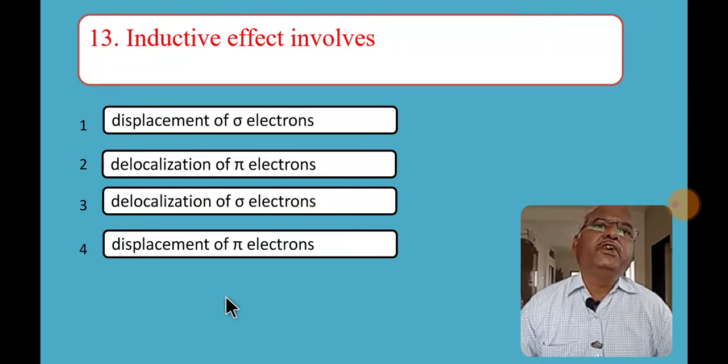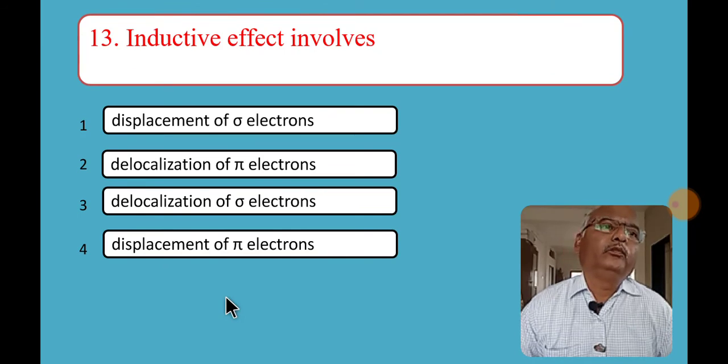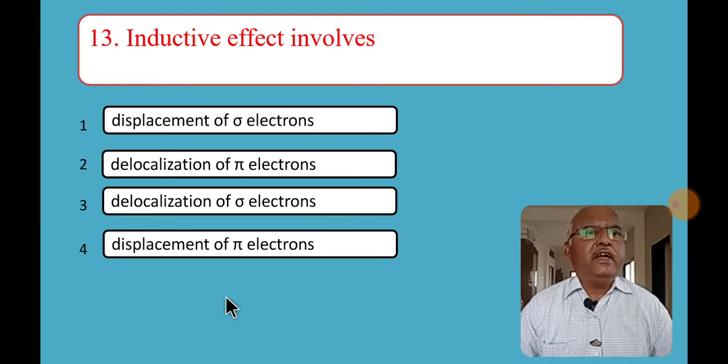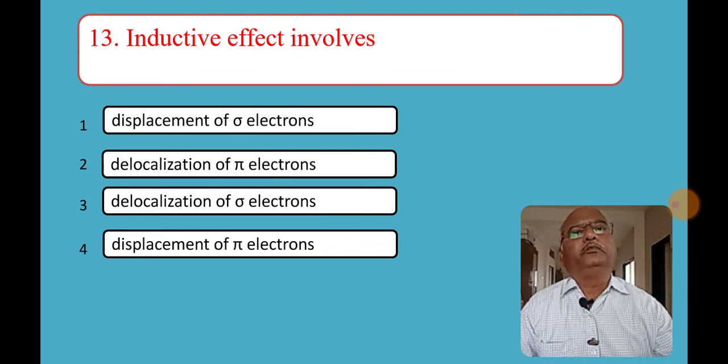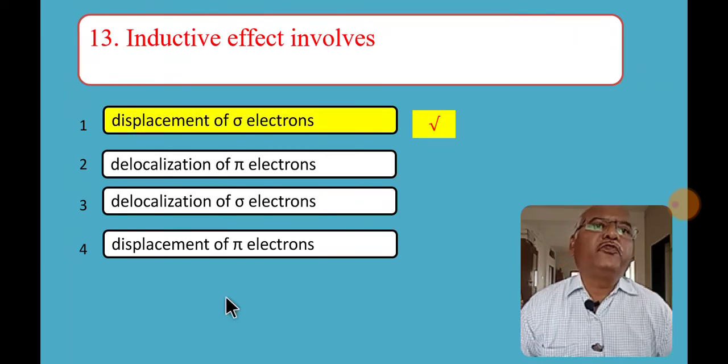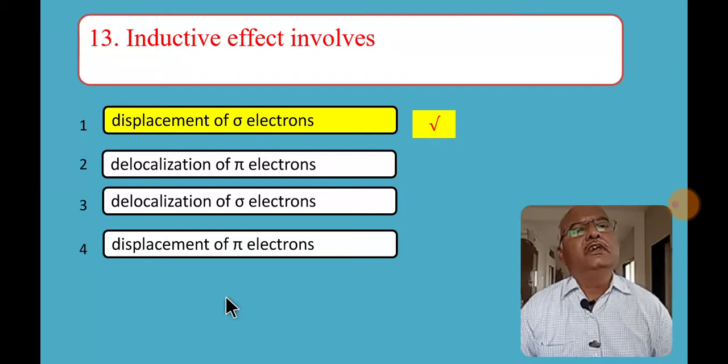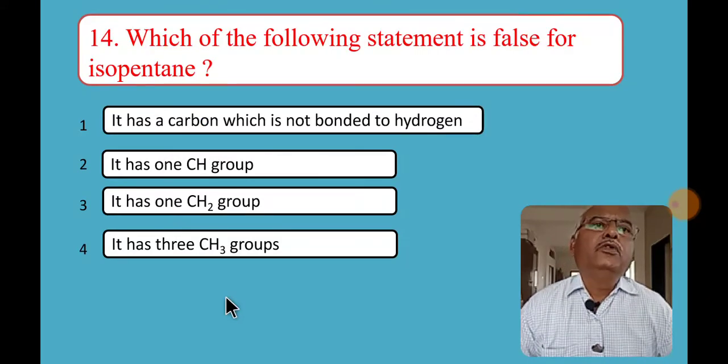Question number 13. Inductive effect involves. Read the options. Select the correct option. Displacement of sigma electrons is the correct answer. Question number 14. Which of the following statements is false for isopentane?